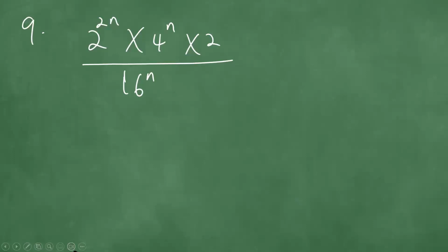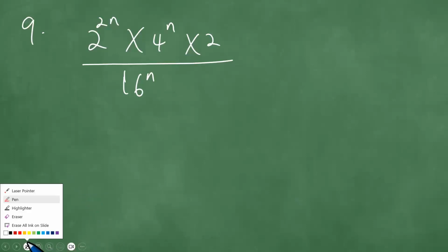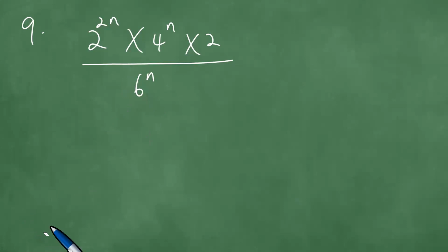What's the answer? 16 to the power of 3n divided by 16 to the power n, and then you cancel 3n out, right?